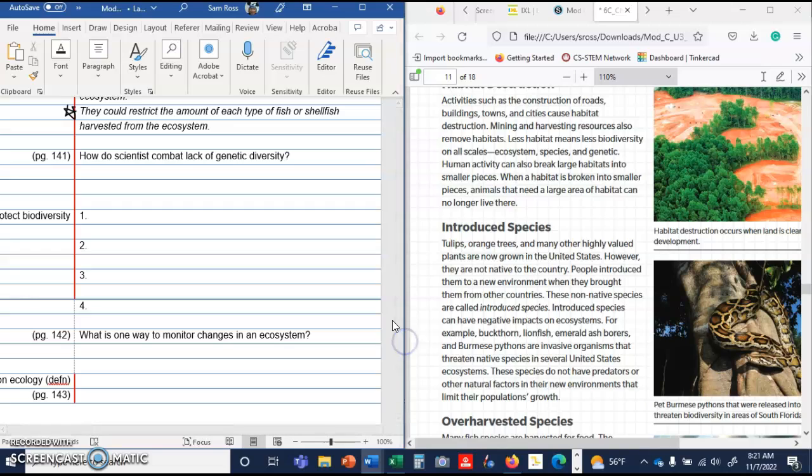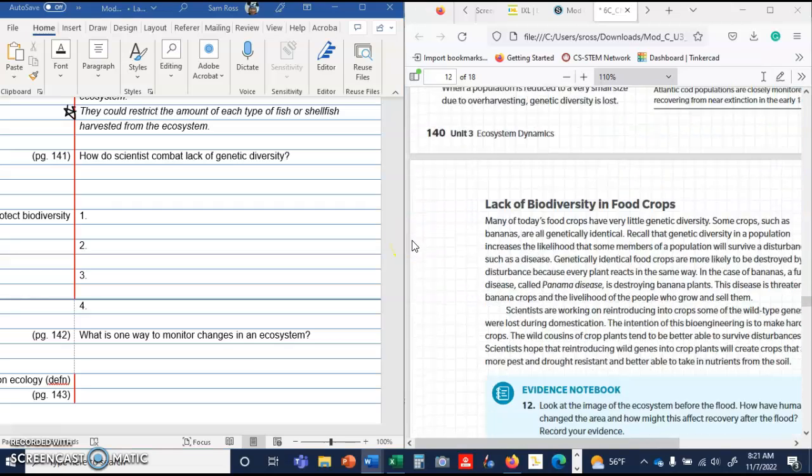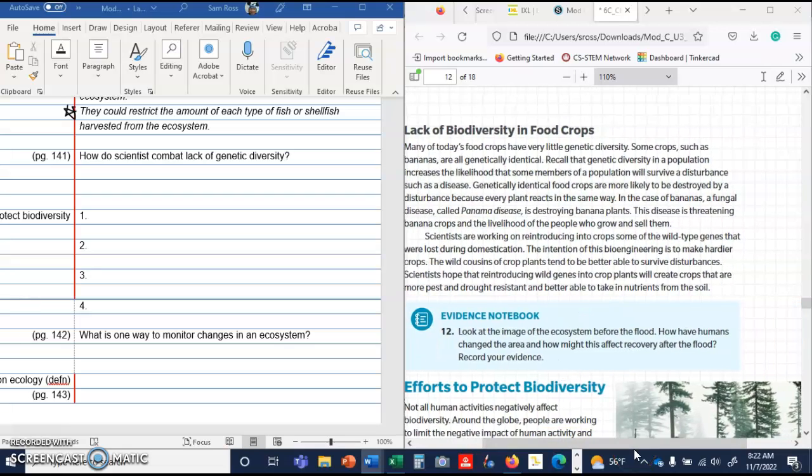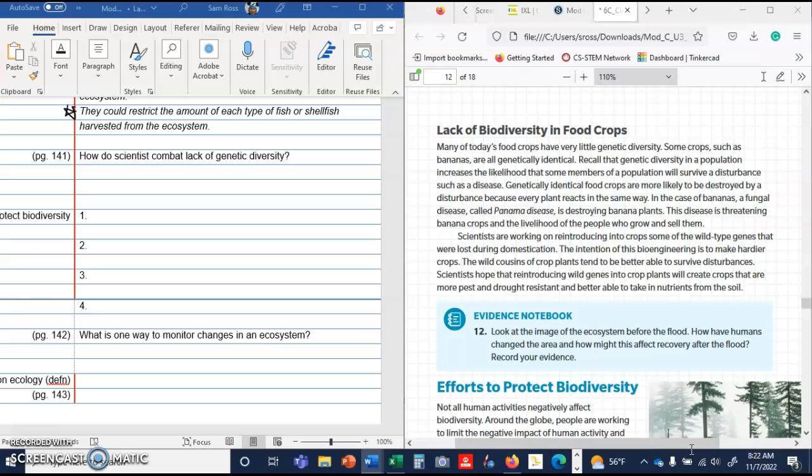And then on 141, we have how do scientists combat lack of genetic diversity? Let's see, 141, that's 140. Okay, scientists are working on reintroducing into crops some of the wild type genes that were lost during domestication. That lack of diversity.